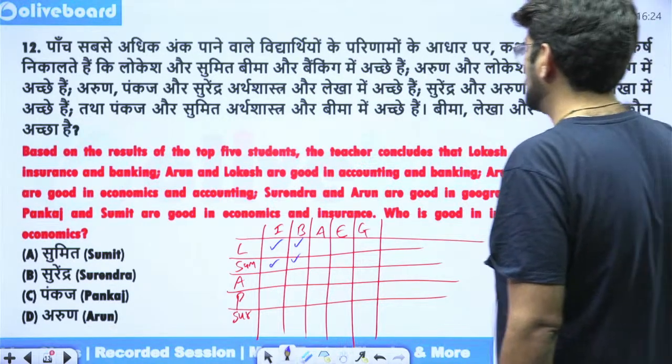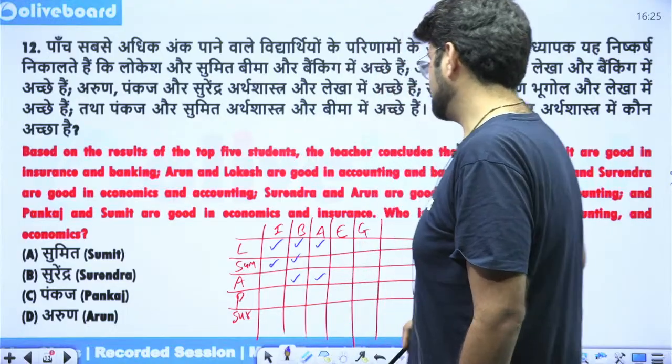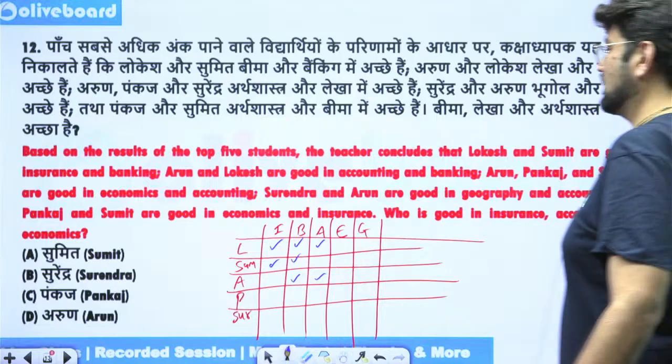Arun and Lokesh are accounting and banking. Arun, Pankaj and Surendra good in economics.